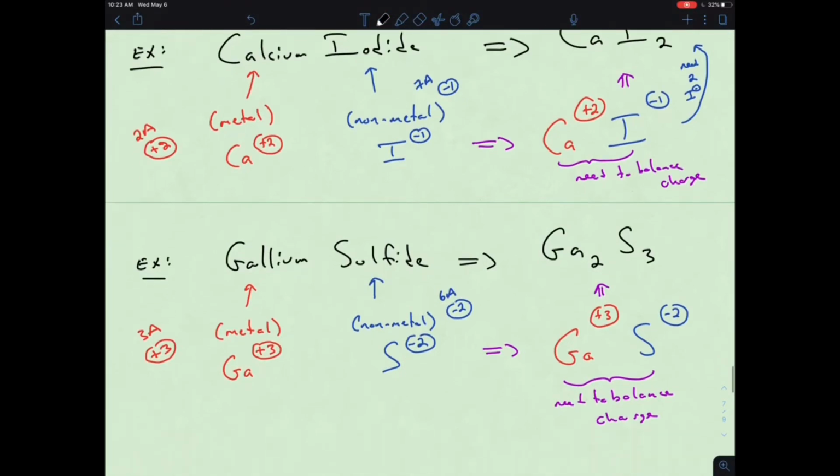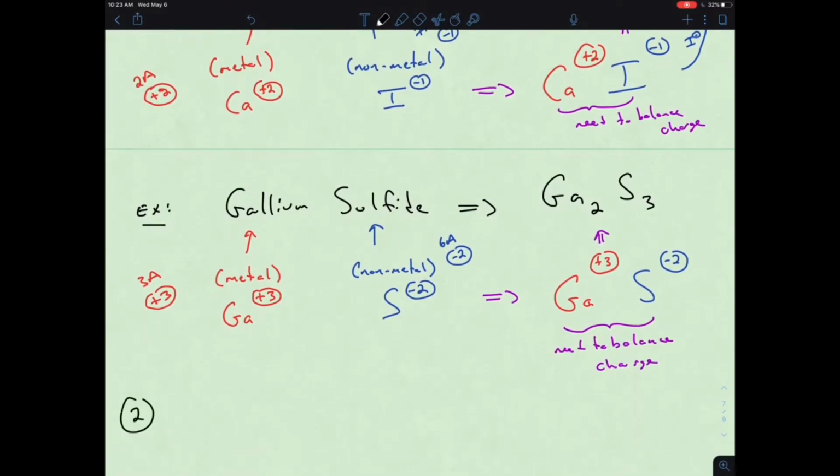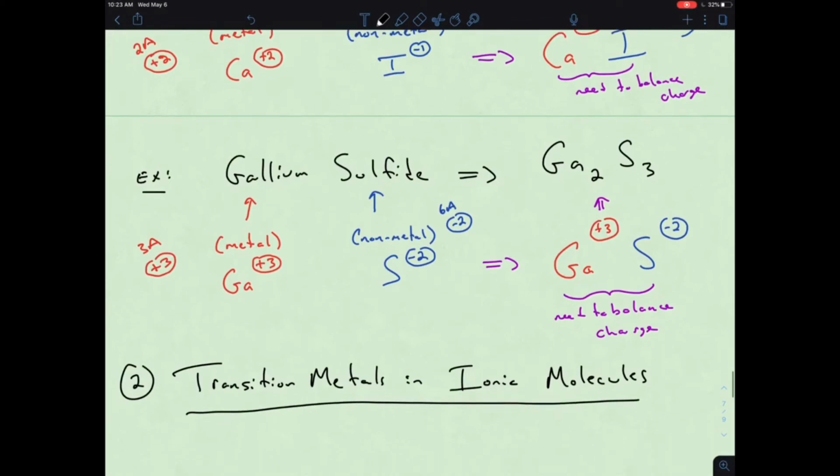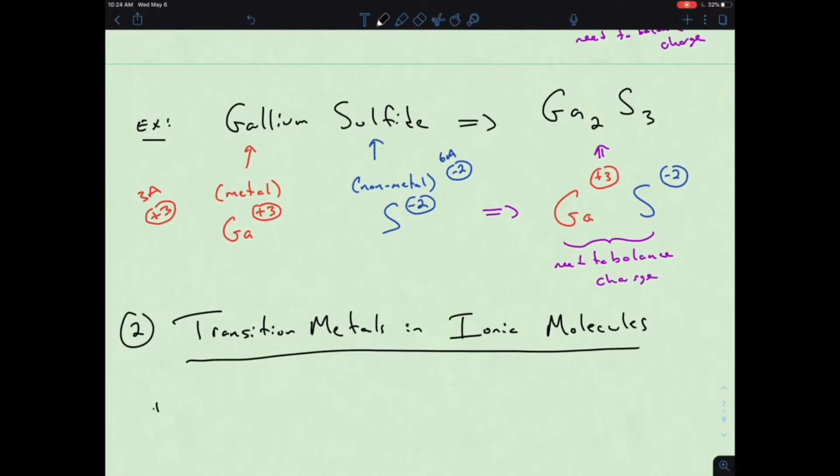All right, what about now looking at transition metals in ionic molecules? And so the problem with transition metals is that transition metals can have what's known as oxidation states.